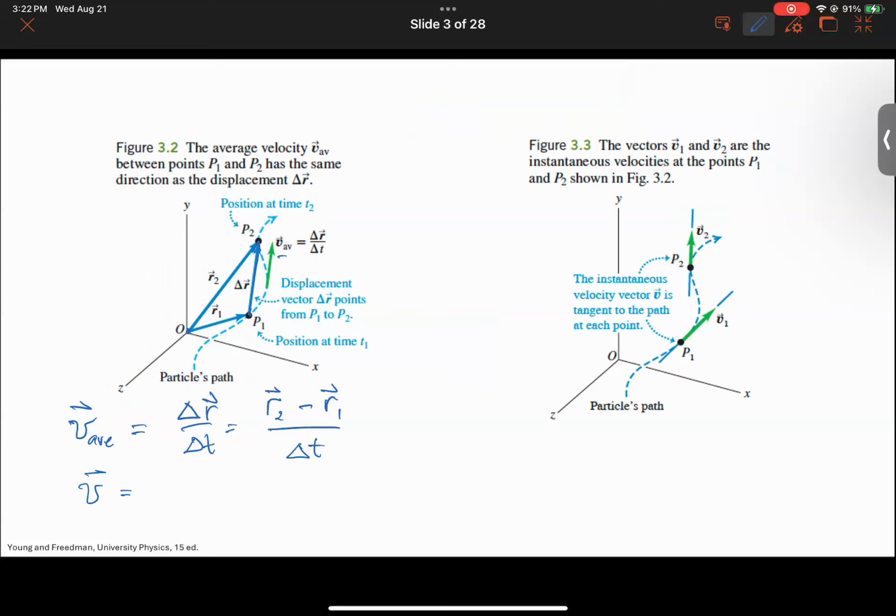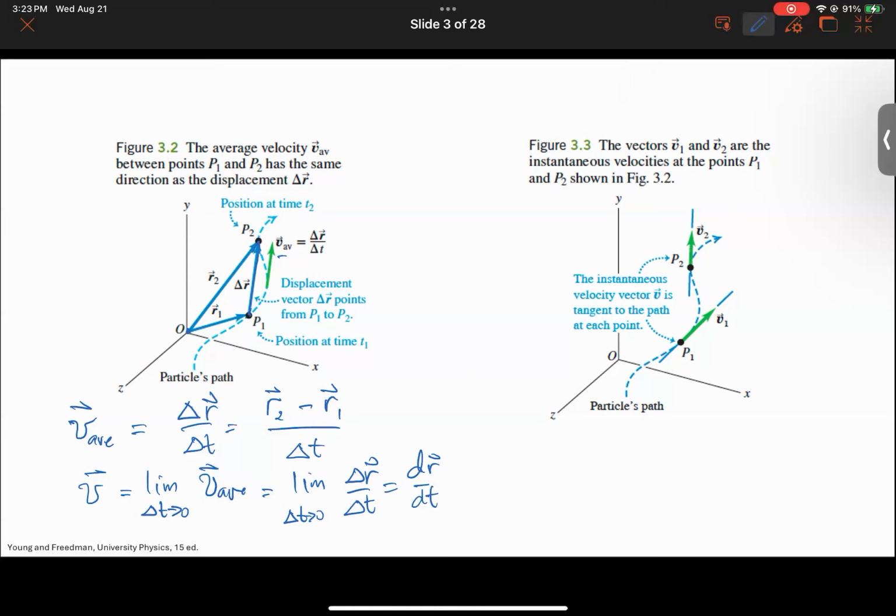Ganun din yung mangyayari sa instantaneous velocity vector. You simply take the limit of the average velocity vector as delta t approaches 0. So we're essentially taking the limit of delta R over delta t as delta t approaches 0, or this is the time rate of change of the position vector. Ganun din yung interpretation.